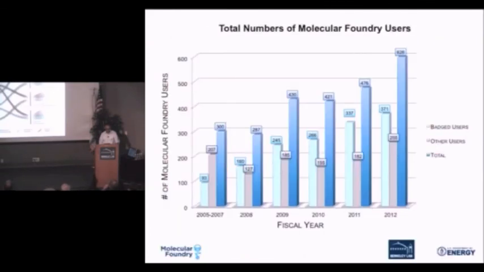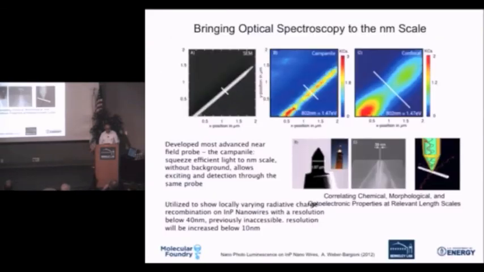I can't go over every single project that is going on at the Foundry, but I want to highlight just a couple or three very quickly to show you that these early career scientists have developed really mature and established groups that are capable of bringing to the forefront some really unbelievable developments.